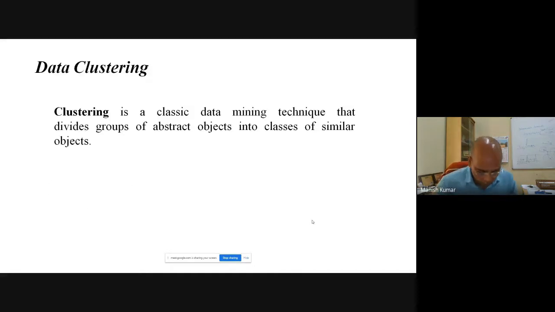Now come to the main point which I am looking for: what is data clustering? Clustering is a classical data mining task that divides groups of abstract objects into classes of similar objects. You can visualize a set of points in two-dimensional data, say on an xy axis.